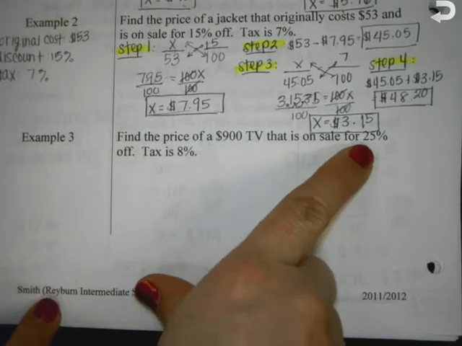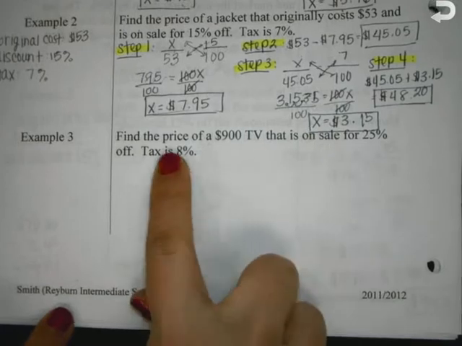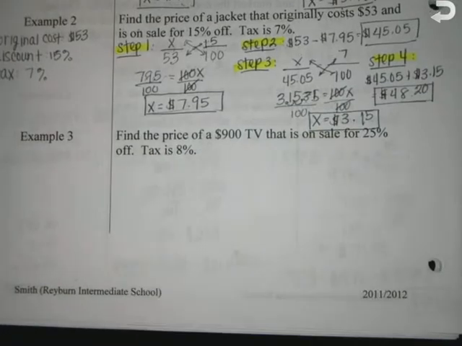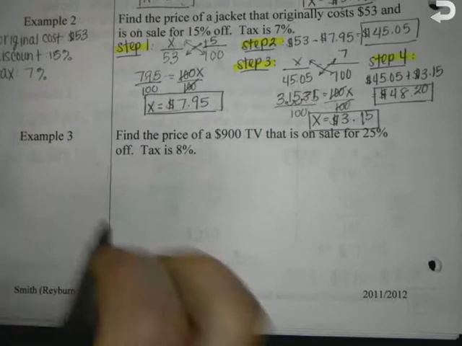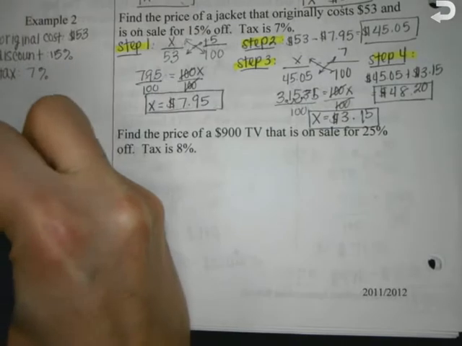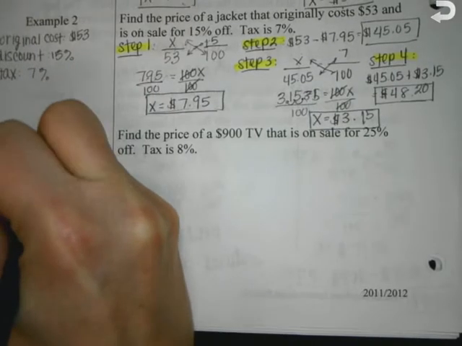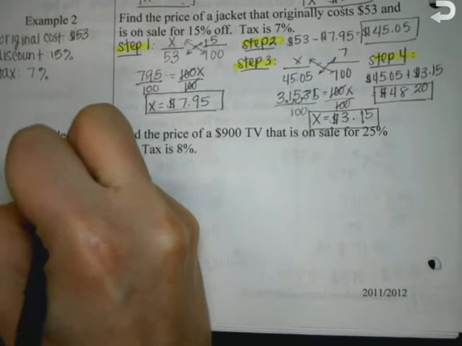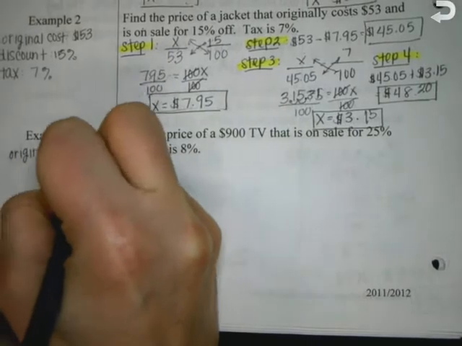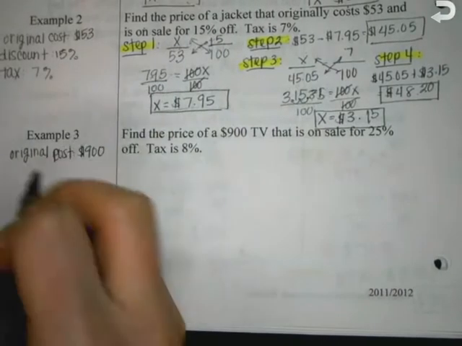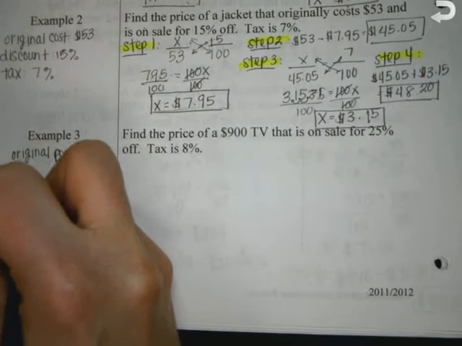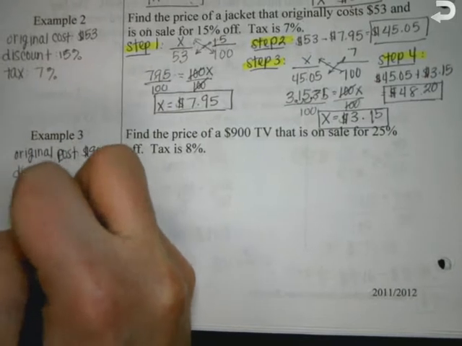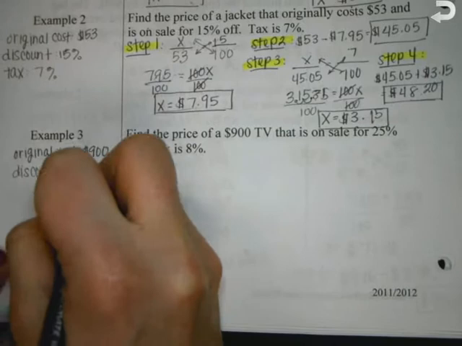So original cost is $900. What's the discount? 25%. And what's the tax? 8%. Okay, so here's all the information that you need. You should be able to do the whole thing. Make sure you go step by step.